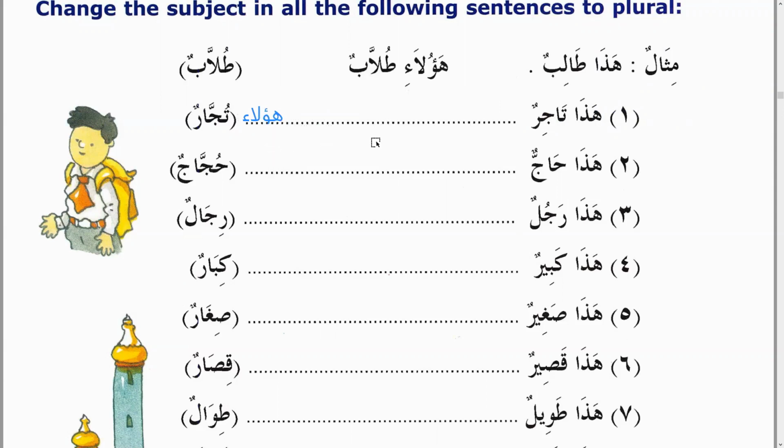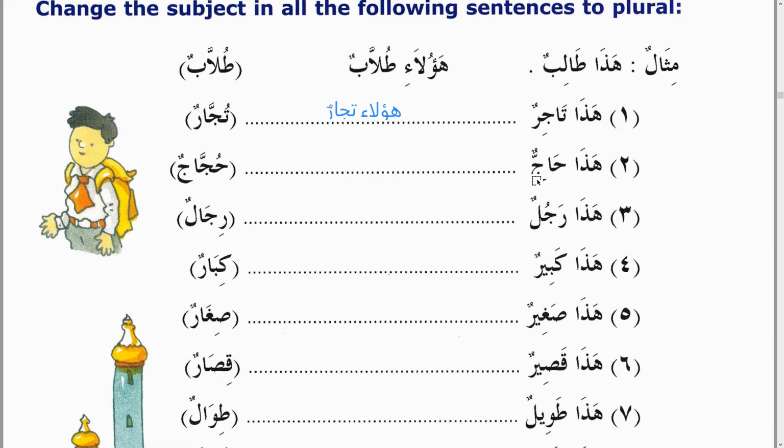Everything else is also the same, right? But still, if you want, we can write هؤلاء تجار again. Tajir, the plural is tujar. Right? هؤلاء تجار. Okay.